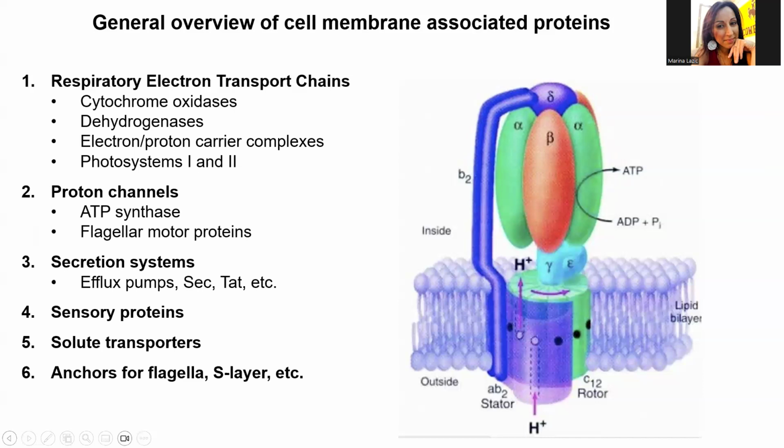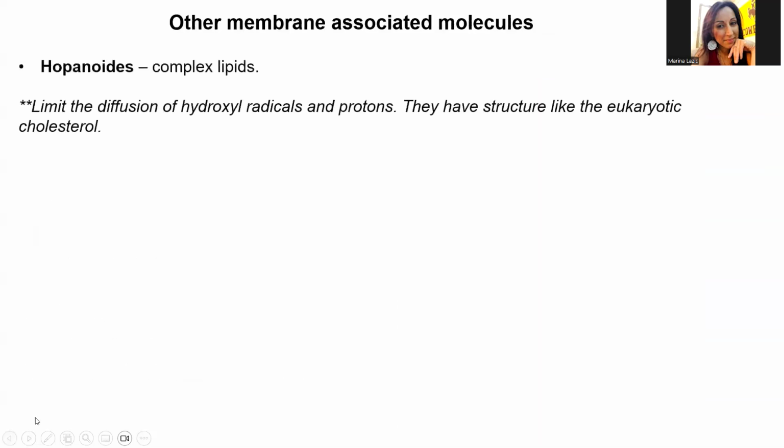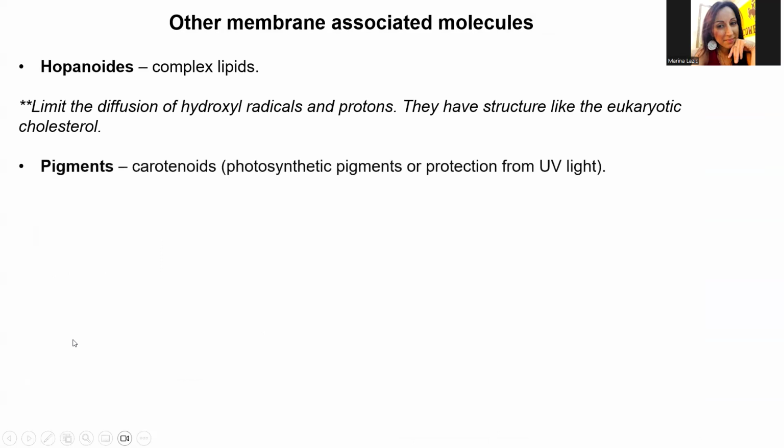There are other molecules that are going to be associated with cell membranes. They are hopanoids, which are complex lipids, analogs of eukaryotic cholesterol, also in the bacterial cell membrane. They limit diffusion of hydroxyl radicals, so they have a protective role. Then you will have pigments like carotenoids.